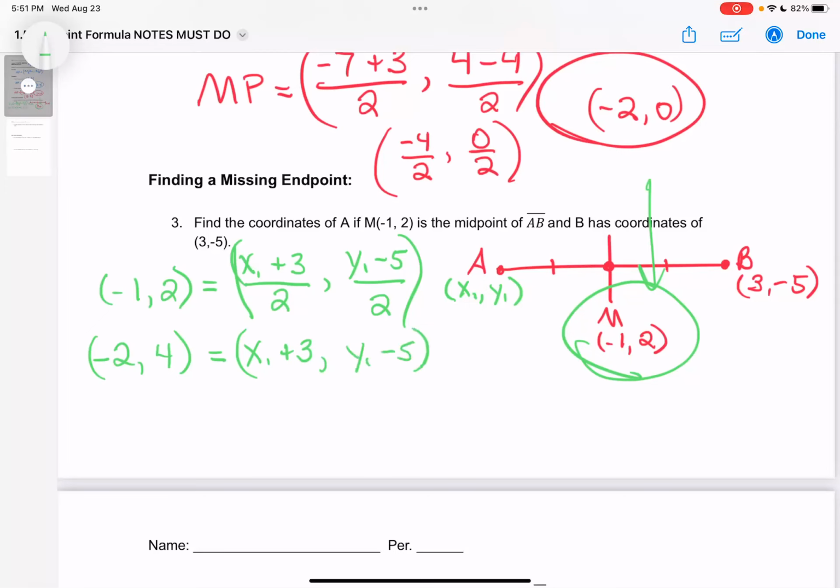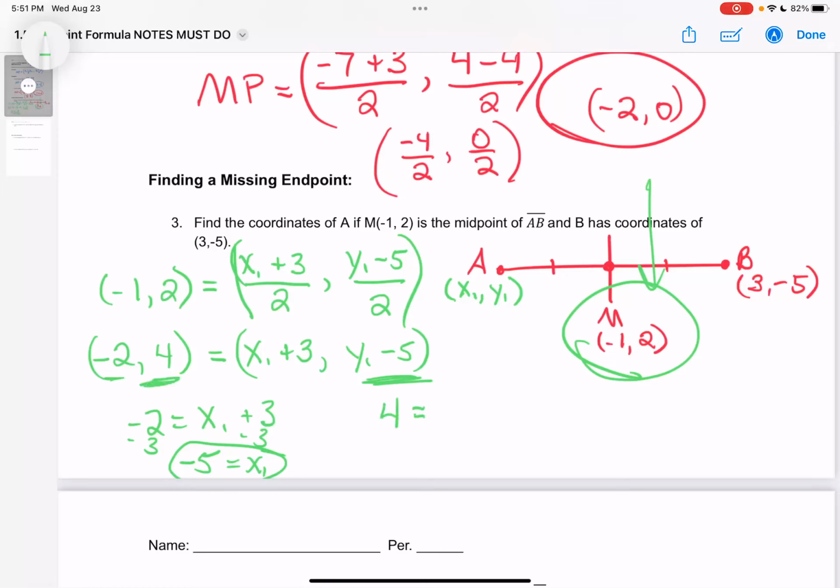So we can look at these separately. There's our x, so -2 equals x1 plus 3. Subtract 3 from both sides. And then we have -5 for x1. On the other hand, I've got this value equals 4.